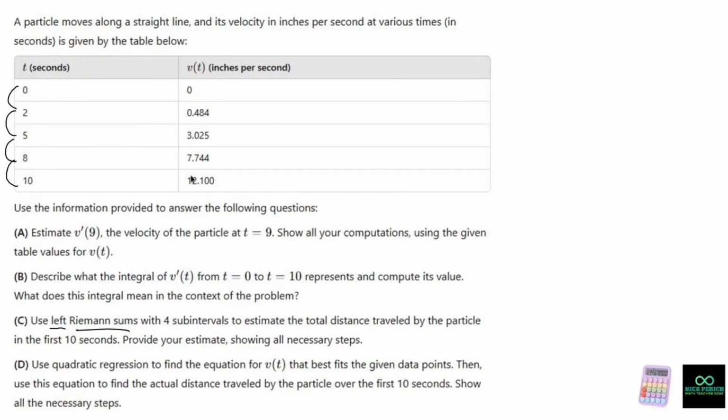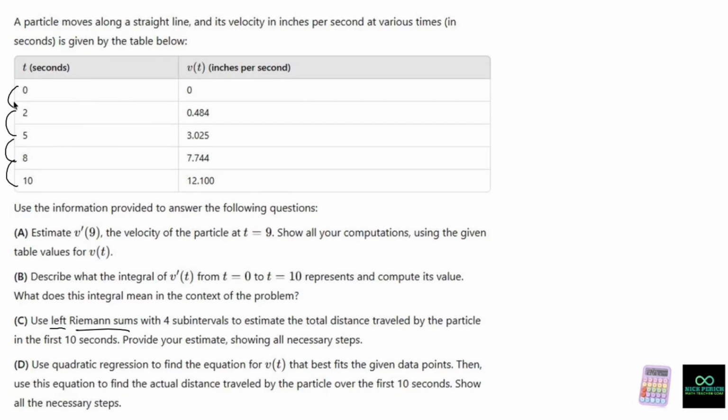I don't know what this picture is going to look like, so I'm not going to lose a whole lot of sleep over it. When you're using left Riemann sums, you plug in the lower version of each interval. If it was the right Riemann sum, we plug in the upper version, and if it was midpoint Riemann sums, we would do the middle. That's not what we're dealing with here.